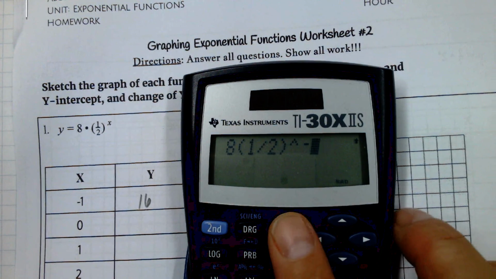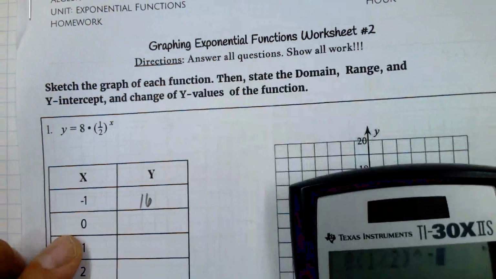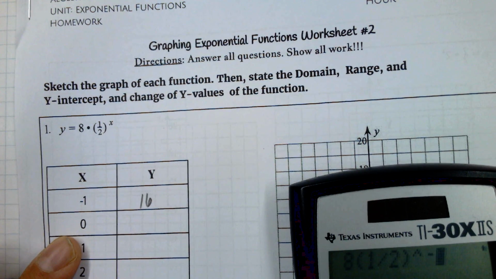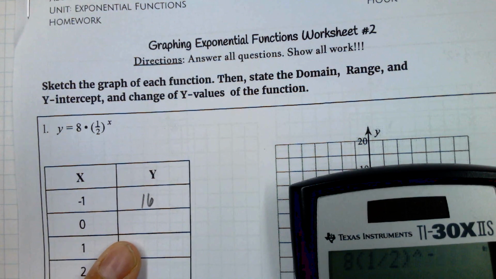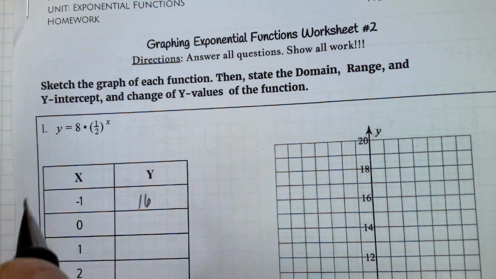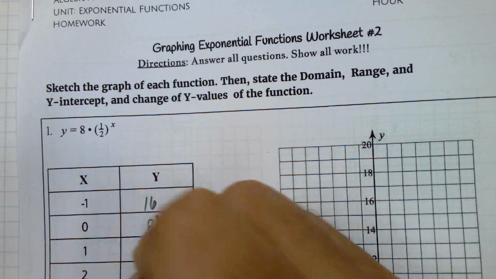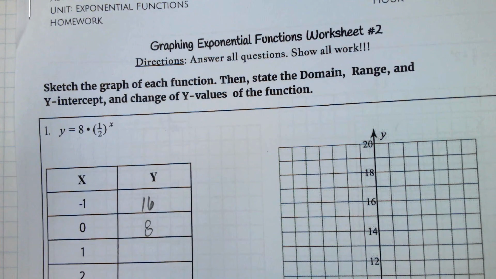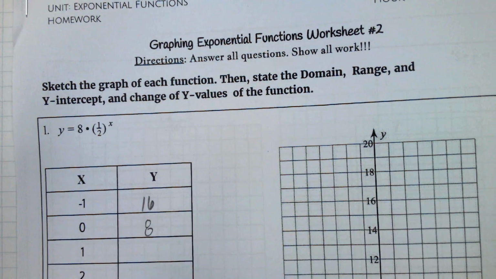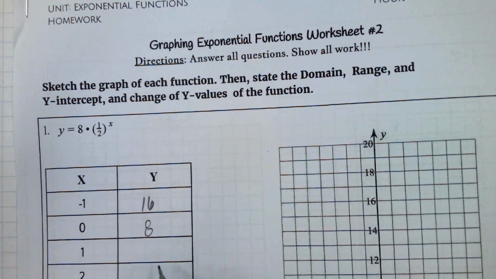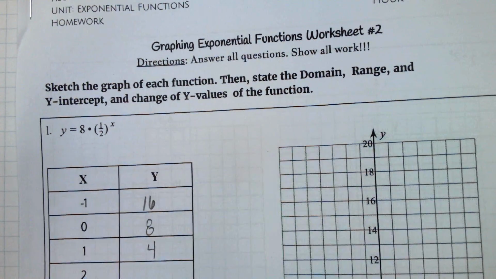Okay, and let's just go ahead and fill in the rest of these values. Although this one we should know without this. Actually, this is going to be where it crosses the... What number should we get for 0? 8. We won't even need a calculator for that one. And I think you'll see the pattern after this. What's happening each instance? Tell me what you get for x equals 1. 4. What's happening each time?